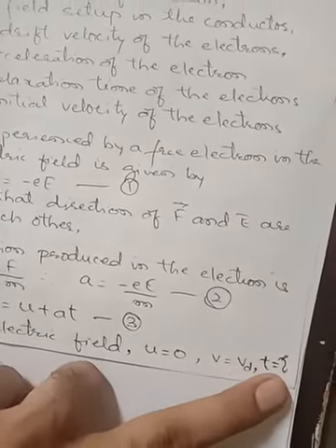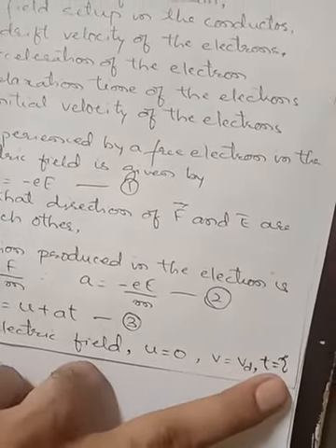Tau means relaxation time, v is the drift velocity, and u is 0. So we will substitute the values of u, v and t in equation number 3. When you substitute, what will we get? Vd is equal to 0 plus a into tau, because u is 0, the initial velocity.